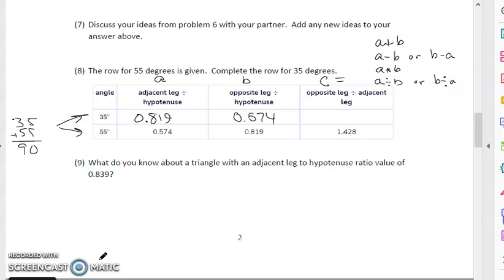So if you've not explored this last column, see if there's a way of using the table that we created back here earlier. Is there a way of using the answers in the first two columns to come up with the answer in the third column? Please understand that the answers in the third column are all estimates.